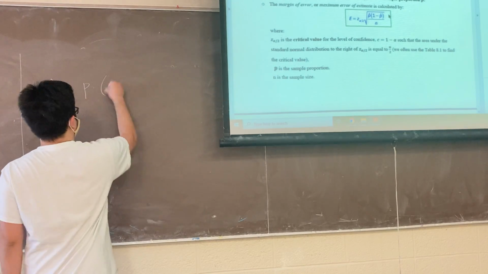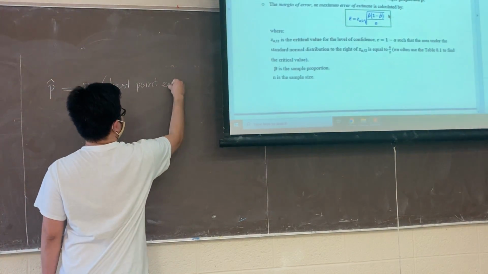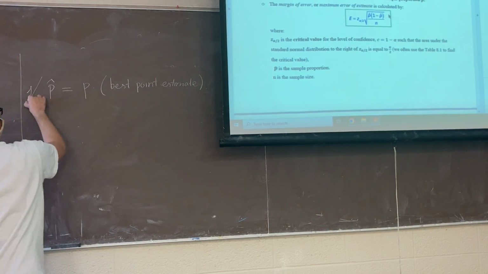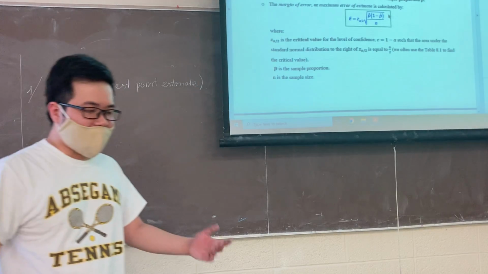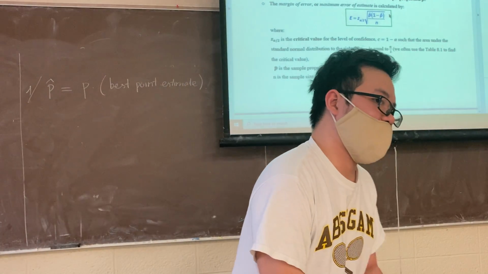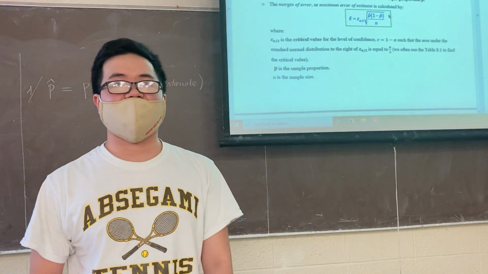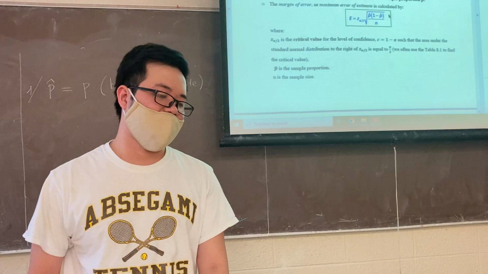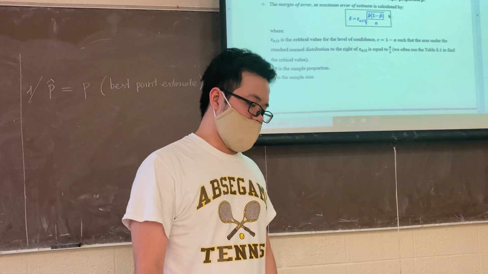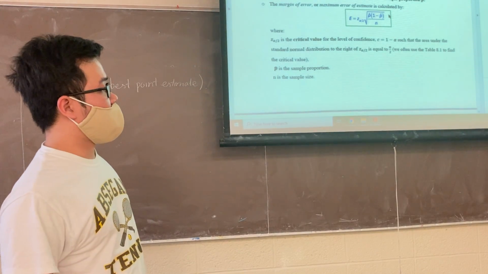That is the first thing we get from this method. But as I mentioned before, the best point estimate is not exact, and it's not the thing we need to use. We will not use the best point estimate in the general case, and we don't use it in real life.